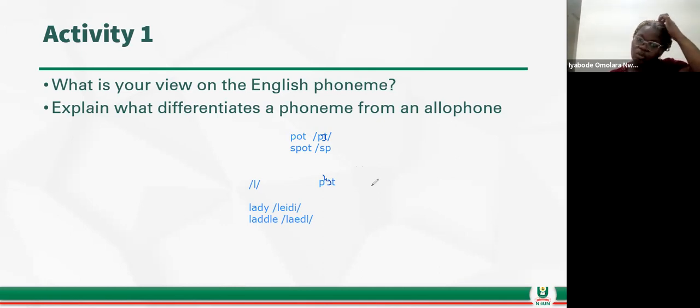So that's what you have as this chord. But in the second case where you have spots, what do you have there?